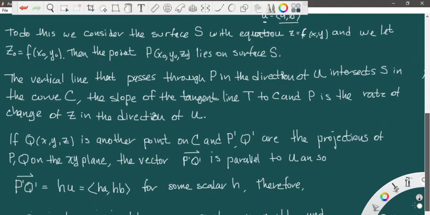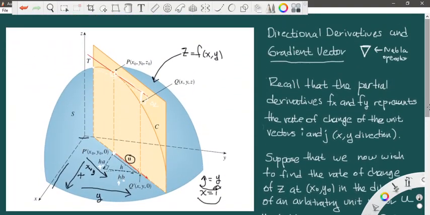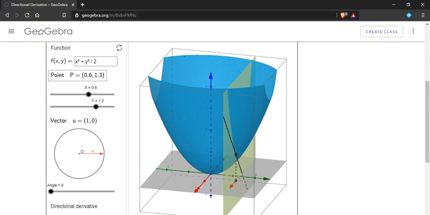Okay, let's see this in a more visual way. Let's switch to the GeoGebra application. This is an applet that is available for you there, and this is showing exactly what we are covering in this topic. So we have this surface.